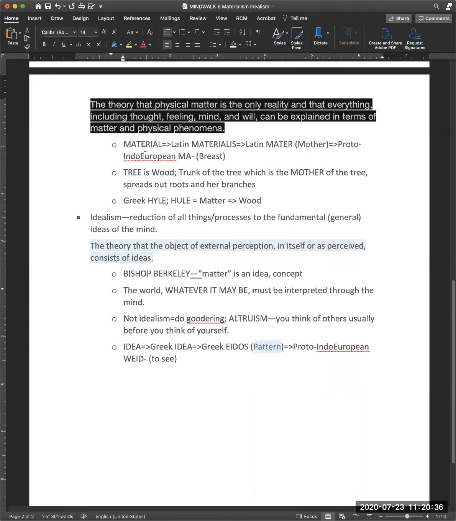So if we were to try to do something where, okay, materialism versus idealism, right? If we were going to try to make that more consistent linguistically, materialism is derived from a Latin word, idealism is derived from a Greek word.